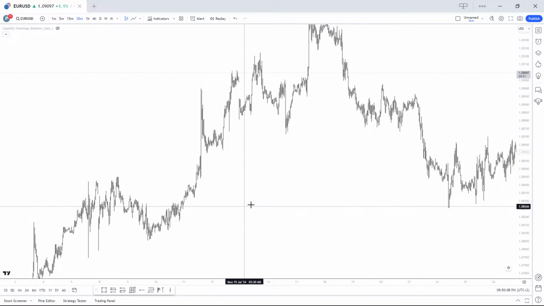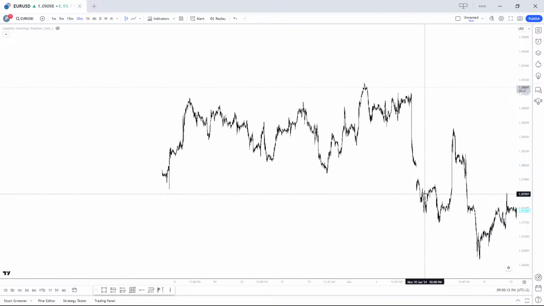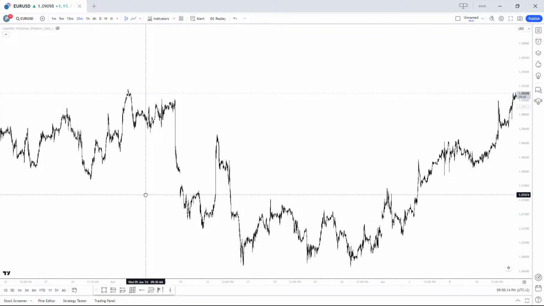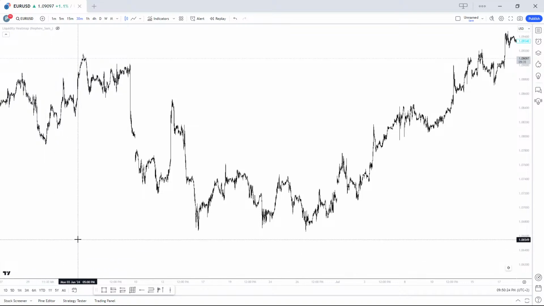So first I want to find one example on an uptrend and one example on the downtrend. Okay. So let's see.